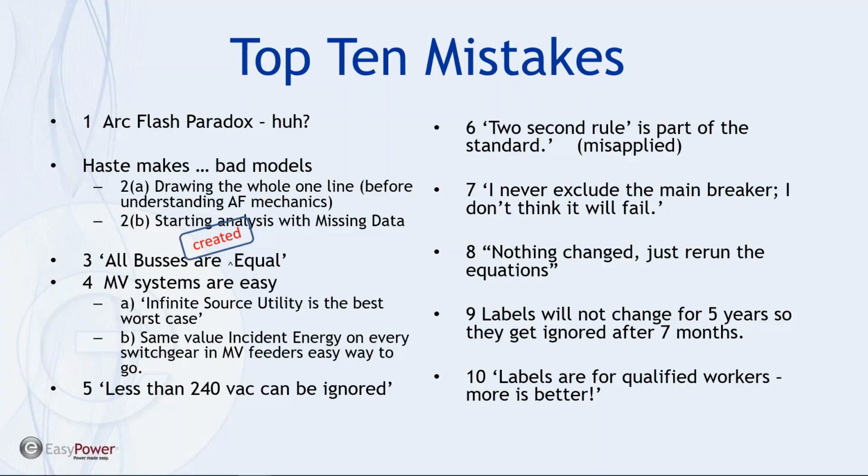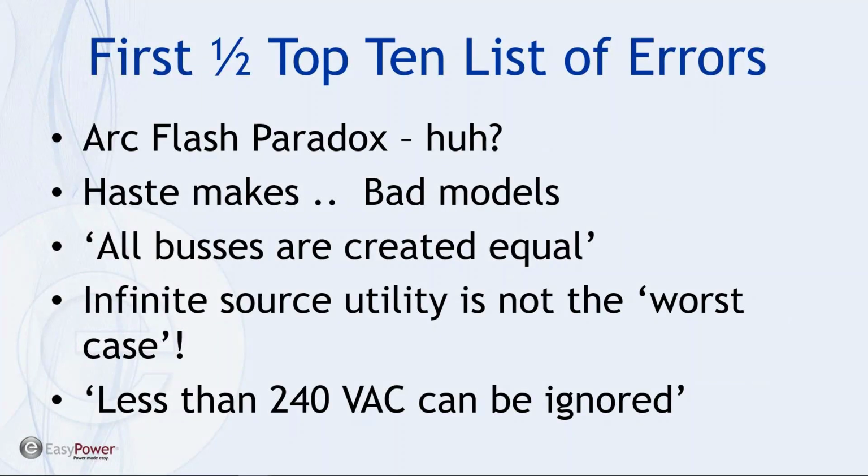We started off with a full list, but we were only able to cover half of it in the first session. It included a discussion on the arc flash paradox, the fact that if you approach the project a little slower, you can end up with better results.